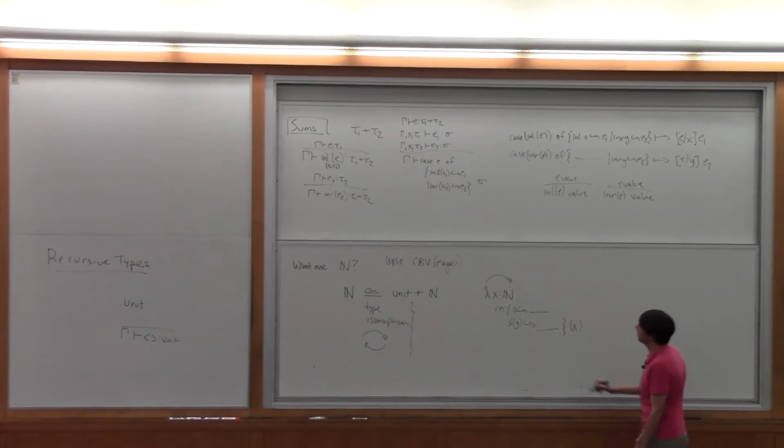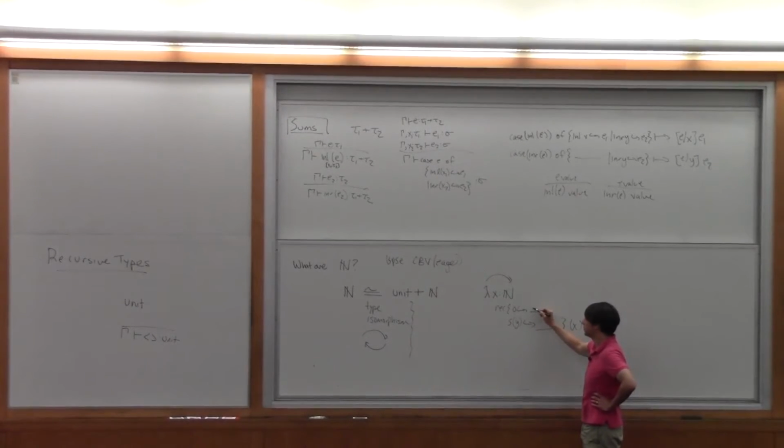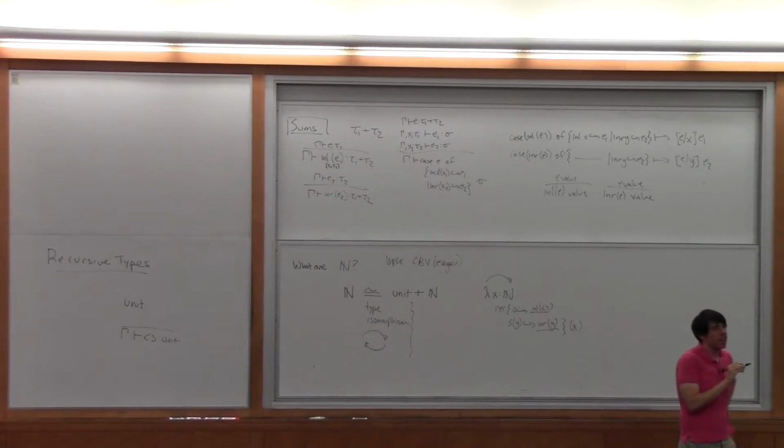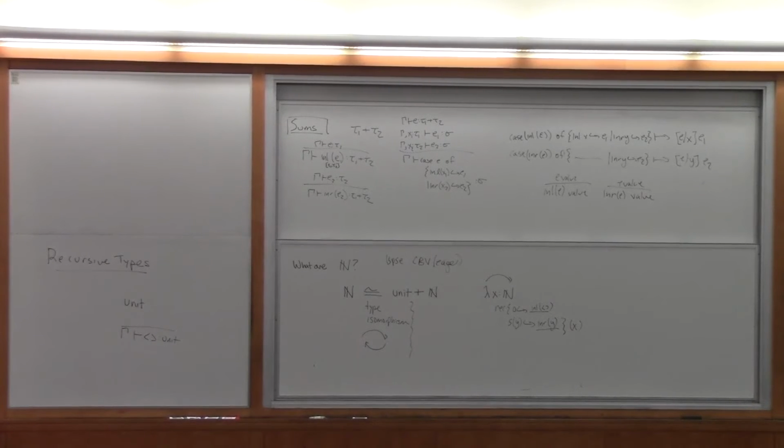So which one do you want for 0? What do you want for successor? Okay. Inside of a natural number, what you'll find is either no more information if it's 0, or another natural number if it's successor.